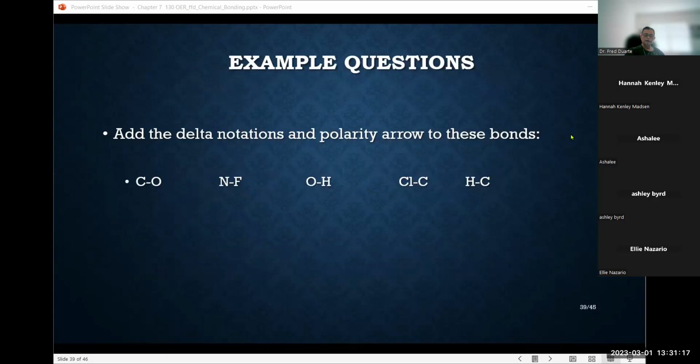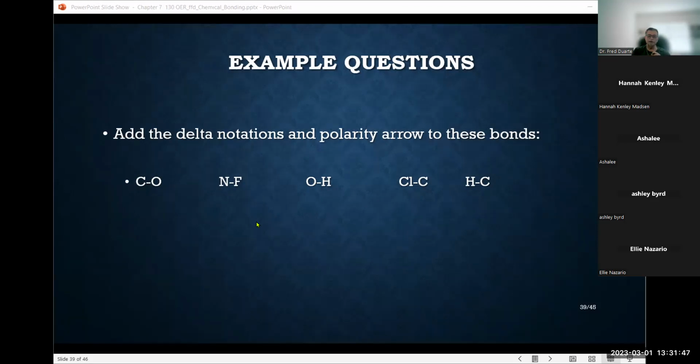All right, so here are some examples where they want you to determine the delta notation, partial negative, partial positive, and the polarity arrow, in which direction it's going. So we have a carbon-oxygen bond here, and what you got to do is first determine which direction.